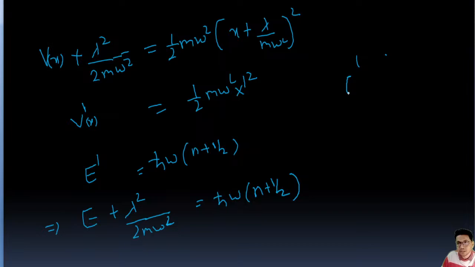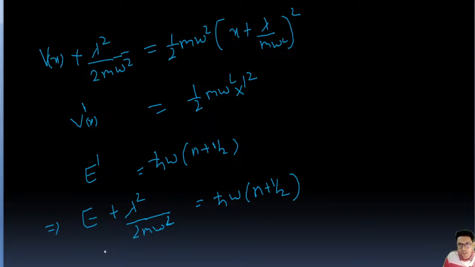E dash is E plus, or we can say kinetic energy, right? E plus this one, lambda square upon 2m omega square, right? So this is going to be like this.